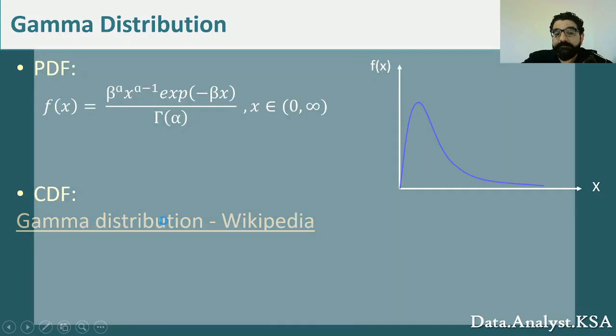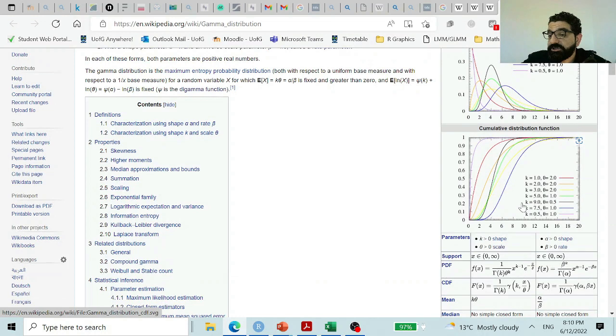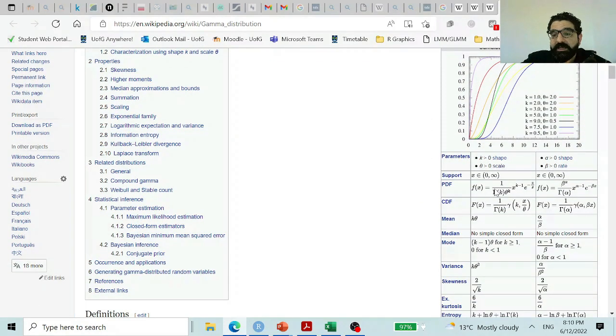The CDF looks like this, very similar to the exponential. And if you notice the parameterization, it can be parameterized by shape and scale or by shape and rate. And it looks very, very similar, because once you know these values, you can plug them in and your PDF will end up being the same.